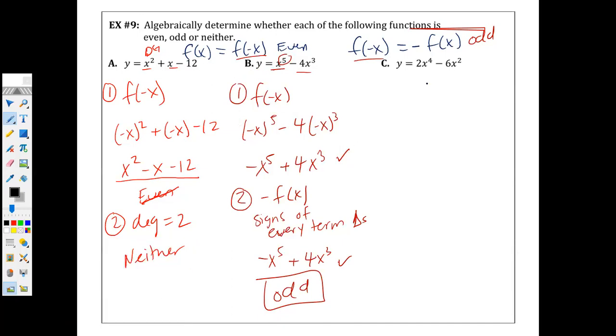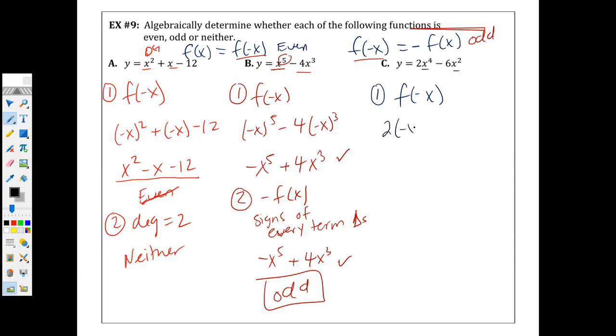Okay. On the last one, let's do it really quick. We have y equals 2x to the fourth minus 6x squared. So the first thing we're going to do is find our f of negative x. Everywhere there's an x, it's going to become a negative x.